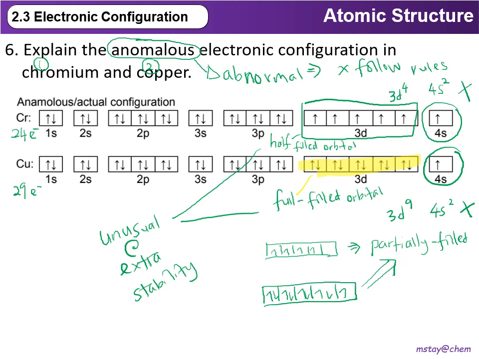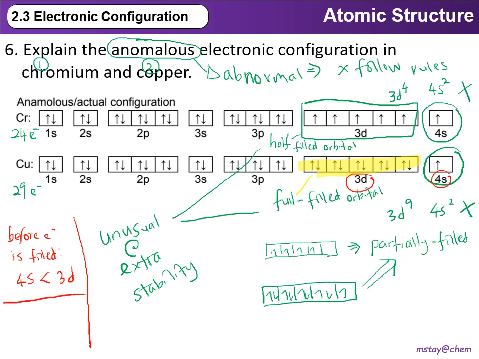Maybe another point that we may remark here. Maybe you'll say, Miss, 4s orbital has lower energy than 3d. Yes, correct. Before electrons are filled, 4s has lower energy compared to 3d.